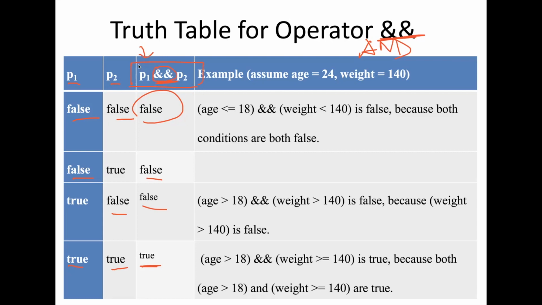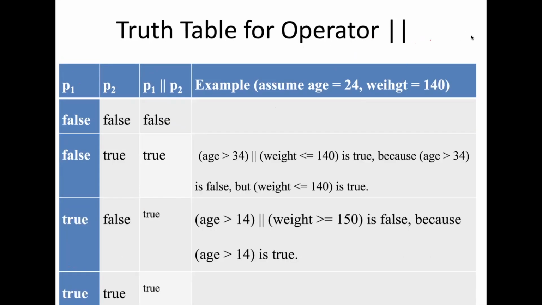All your runtime needs to do is to evaluate P1. If P1 is false with this AND, that means the entire expression is going to be false without even looking at P2. This is the reason why every time we see an AND operator, we refer to it as a short circuit operator. Let's look at the OR operator next.